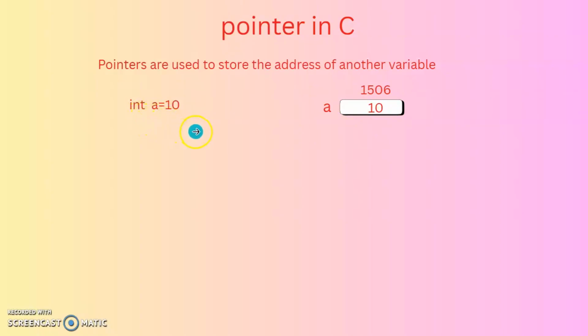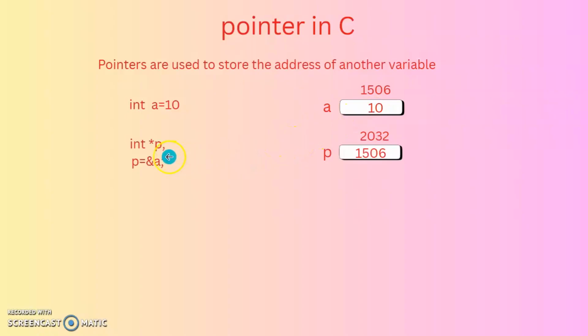Integer means 2 bytes, like that. Character means 1 byte, like that. So the value will be stored in the memory and it will have an address value, so that this value may be accessed in future using this variable name a.